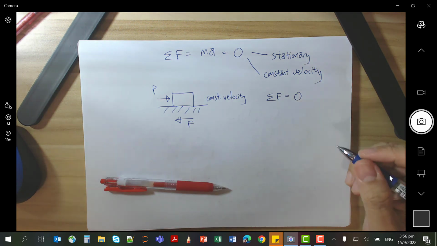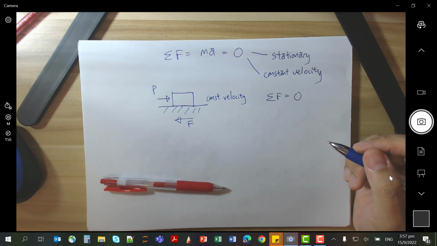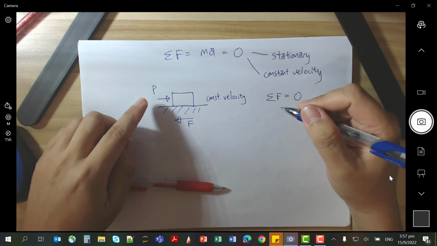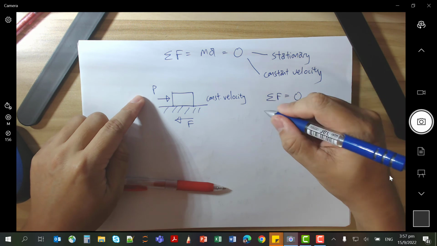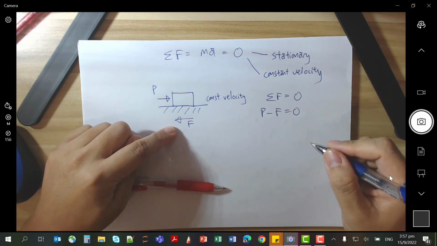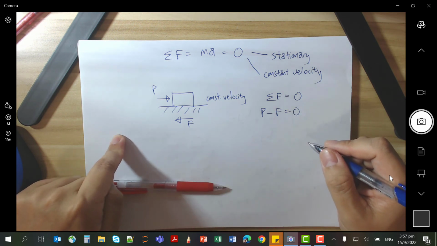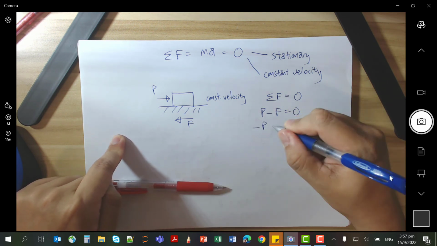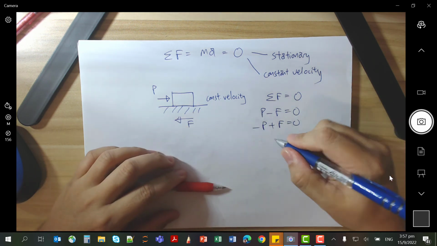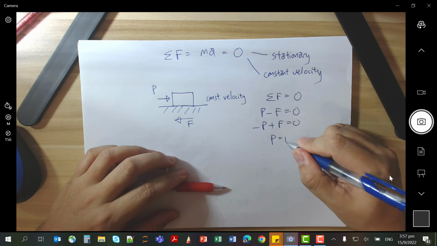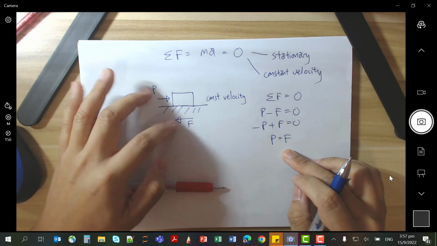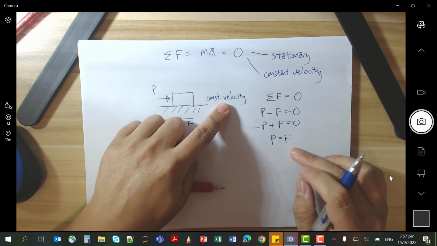Then your next question will be, hey, which one is positive, P or F? The answer is it doesn't matter, because if I set pointing right to be positive, then it will be P minus F equals 0. If I set pointing left as positive, then it will be minus P plus F equals 0. Both will give you P equals F. So both forces will balance out if there is no velocity, no acceleration.